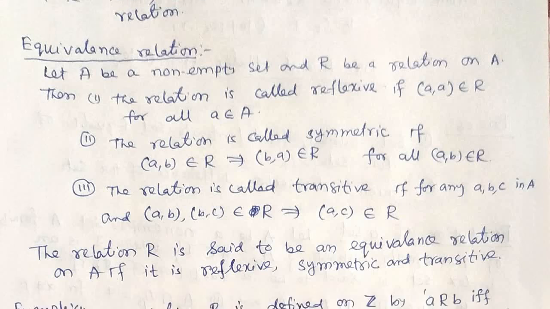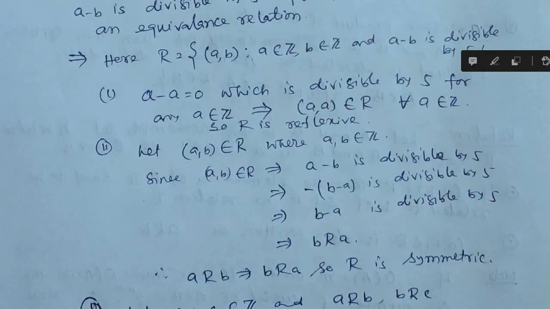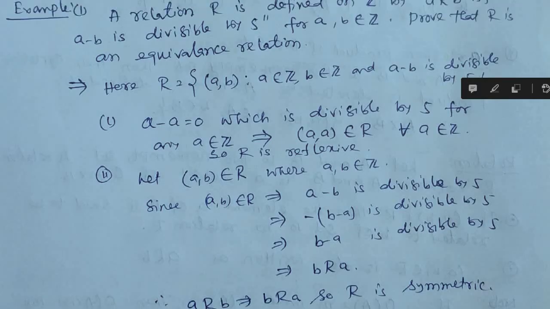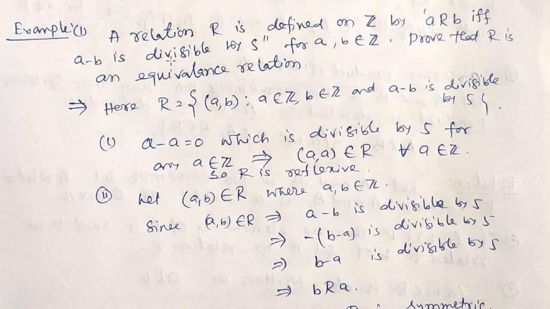Now we will see some examples of equivalence relation. The first example is a relation R defined on the set of all integers Z. How is that relation defined?